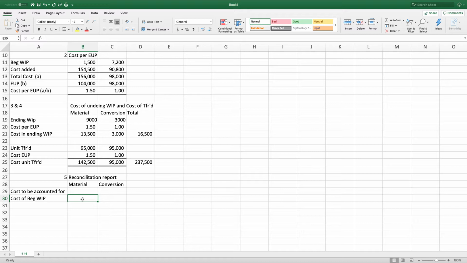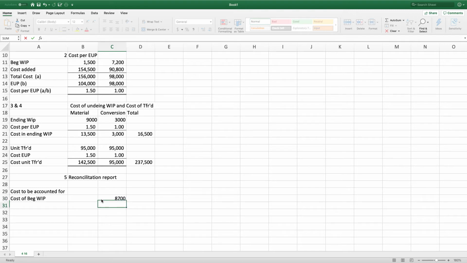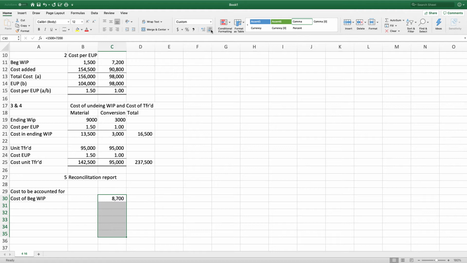Okay, so how'd you get it? The total cost is what? Yep. Actually, let me get rid of this. Sorry. So we have 1,500 with respect to material, plus, what's that conversion in there? 7,200. So we just took that from the book, right?